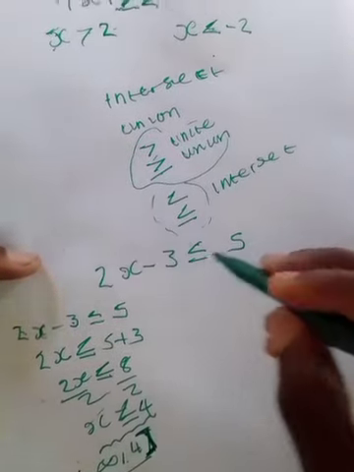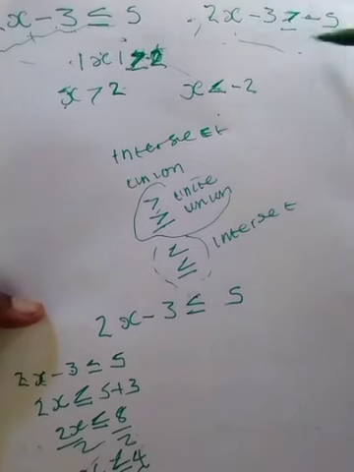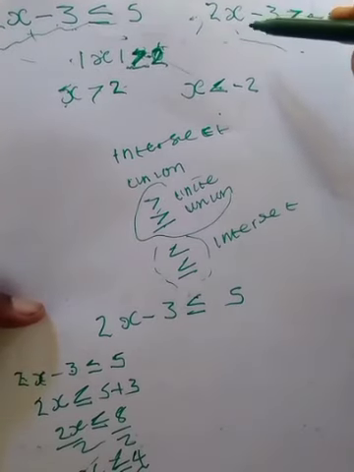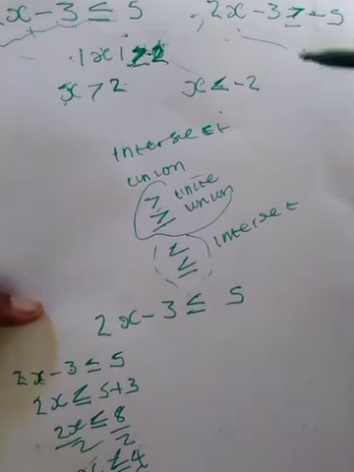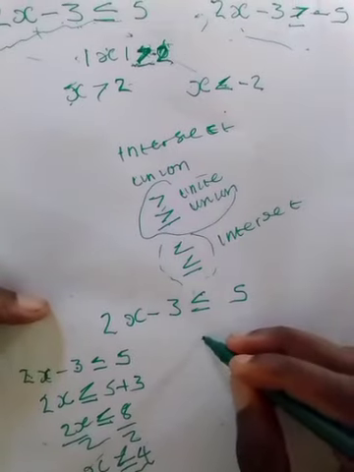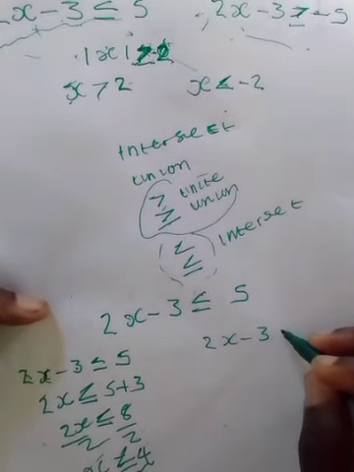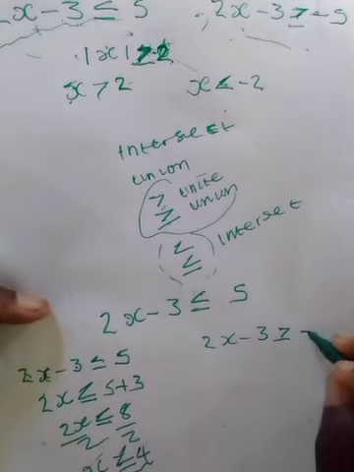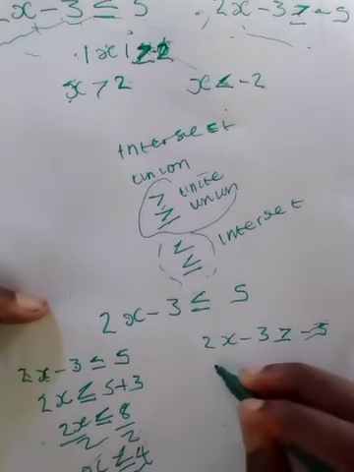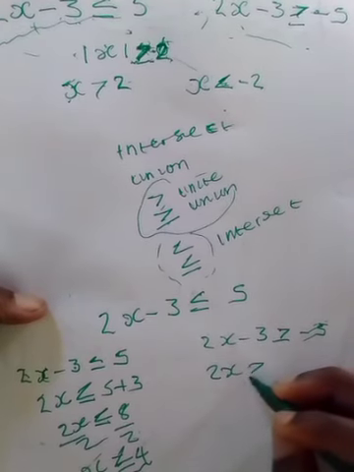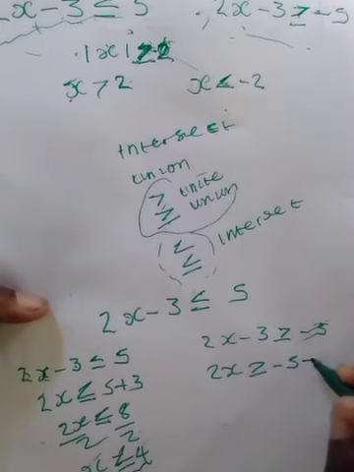Now let's find the one for the other expression, the one that came as a result of dividing through by a negative. That is, we have 2x minus 3 greater than or equal to negative 5, right? I'll make x my subject of the formula. Here I have negative 3, here I'm going to have positive 3.